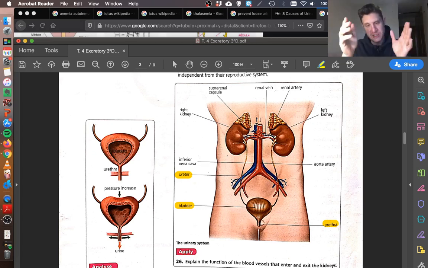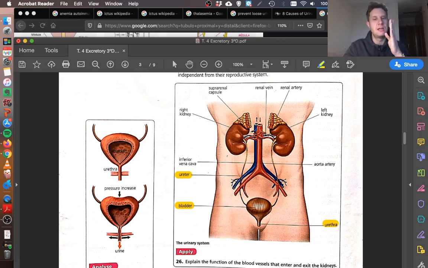In men it is long, so it's very difficult for the bacteria to travel along the urethra and reach the bladder. But in women, the urethra is very short, so bacteria can get into the bladder really easily.